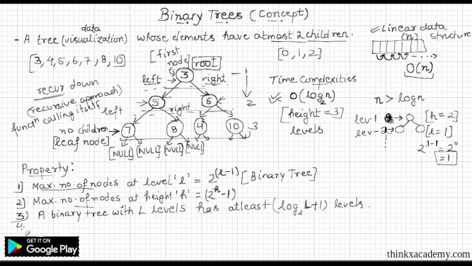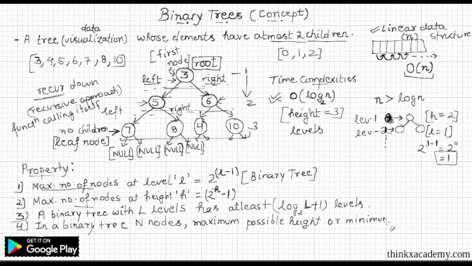And the last one is that if in a binary tree which has n nodes, let's suppose there is a binary tree which has n nodes, so the maximum possible height, or you can say the minimum levels, is log base 2 n plus 1.